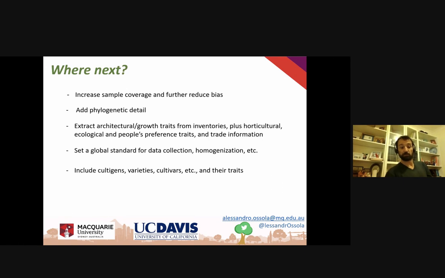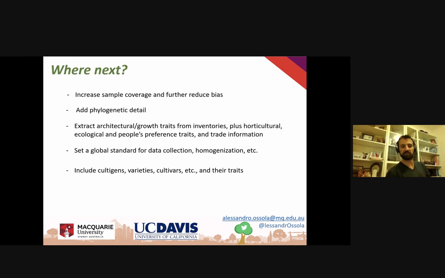We would like to include also information about cultigens, varieties, cultivars, and so on. That's something we are trying to understand how to best approach, because it's challenging even to assign some of these varieties, cultivars and cultigens to one species or two parents and so on.